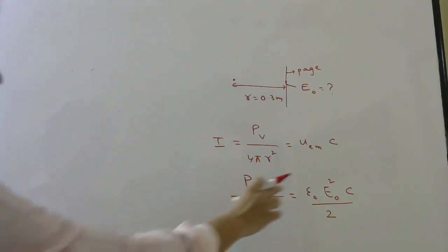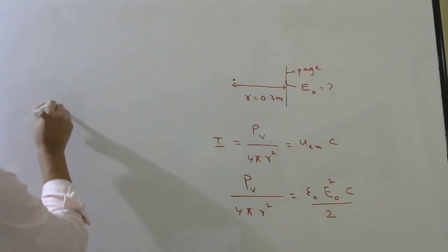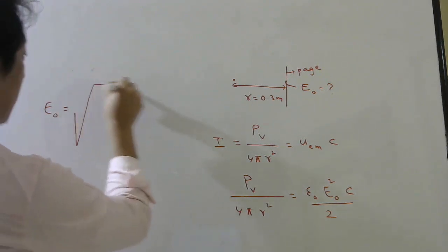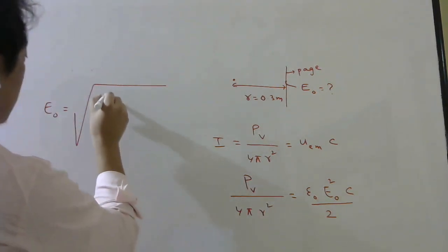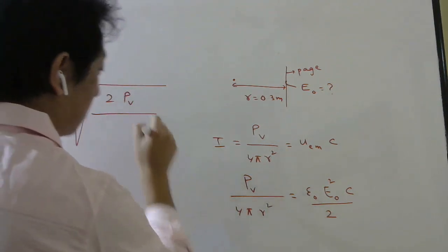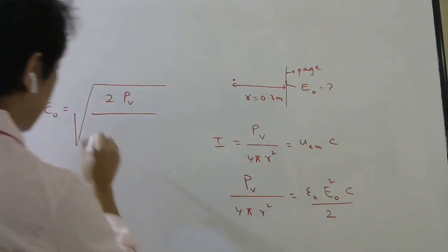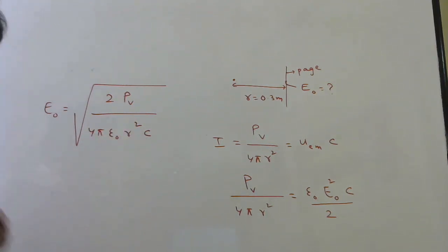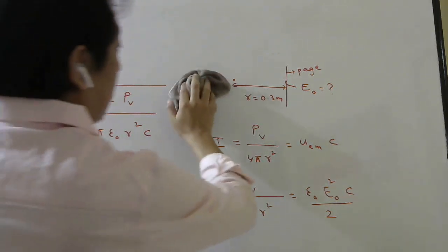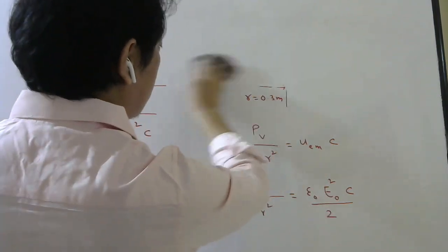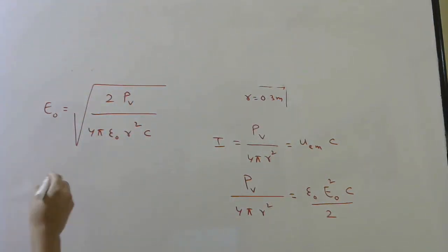So what will be the formula for maximum value of electric field? Cross multiply, so root will be there, 2 into power, then divide by epsilon naught c will come here, so 4 pi epsilon naught r square c. So this we have to calculate. Let's substitute the values before I forget.